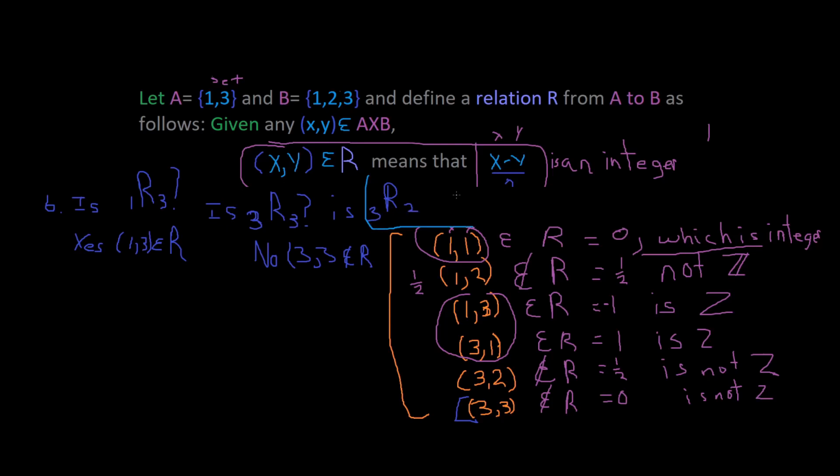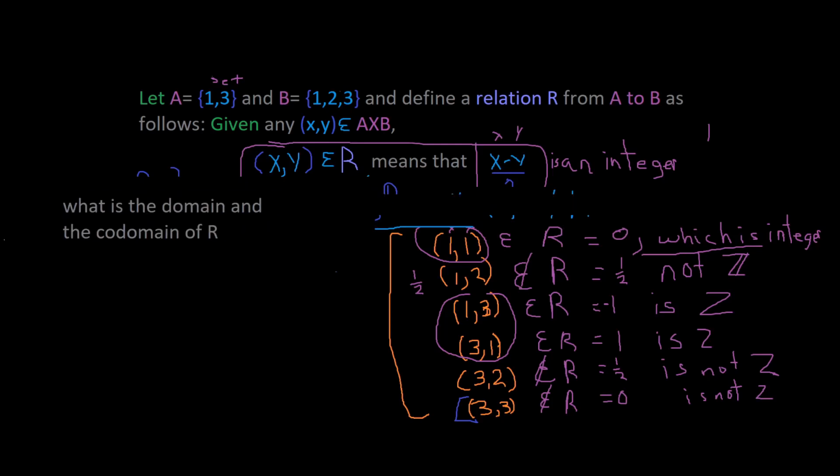And we say no, because as shown over here when we did the Cartesian product, and if we checked it in terms of is it an integer, so it's no. We explain why. We show that the ordered pair (3, 2) is not an element of R. And that's a sufficient answer.